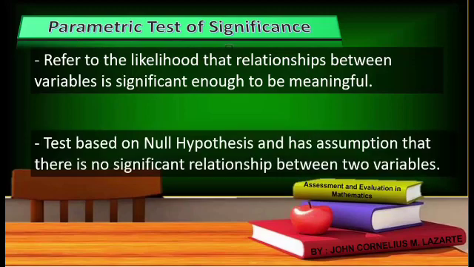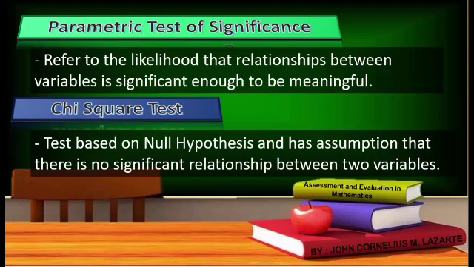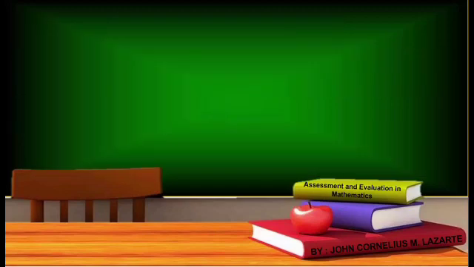While on the other hand, the test based on the null hypothesis, which assumes that there is no significant relationship between two variables, is called the chi-square test, which is the opposite of the parametric test of significance.